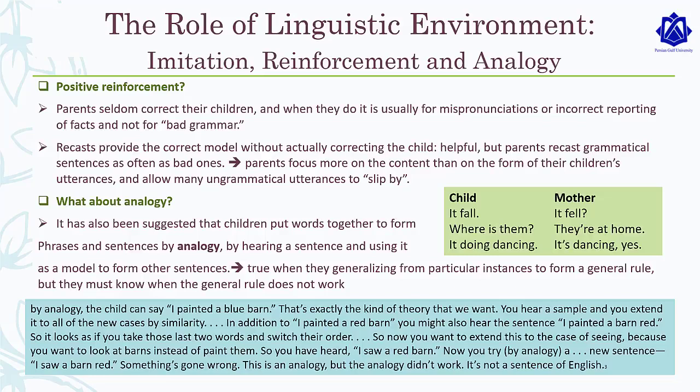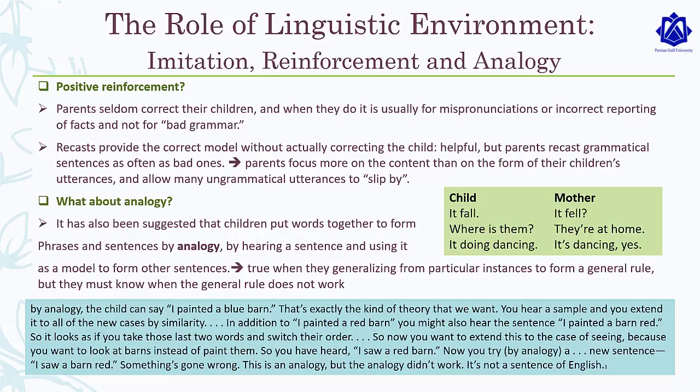So it looks as if you take those last two words and switch their order. So now you want to extend this to the case of seeing, because you want to look at barns instead of paint them. So you have heard, I saw a red barn. Now you try by analogy a new sentence. I saw a barn red.